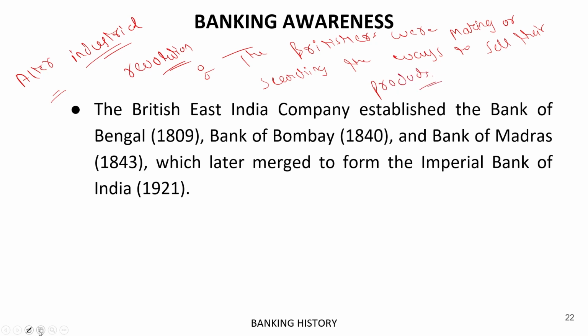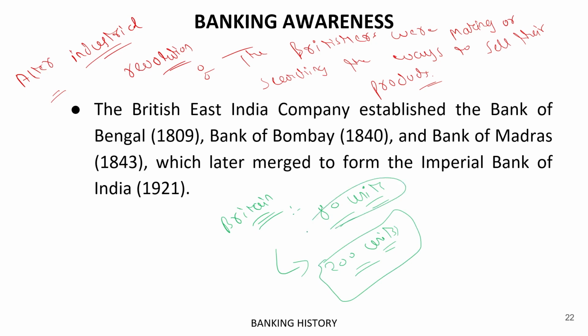In Britain, when the Industrial Revolution was introduced, the British domestic market only had demand for 80 units, but their industries were producing 200 units. Just an example. Now you can see how much the production exceeded the demand.